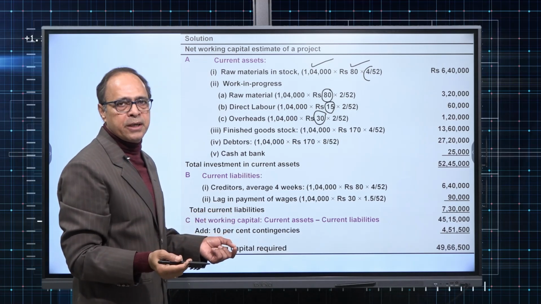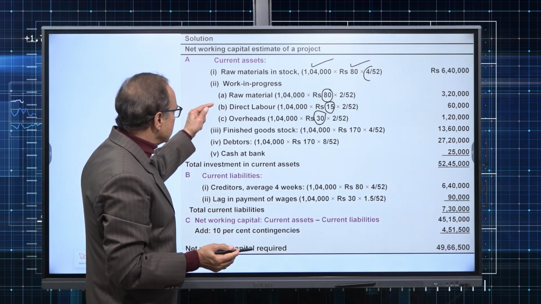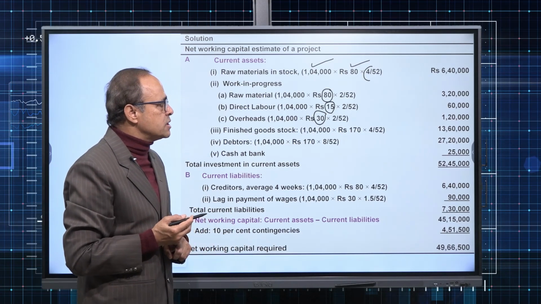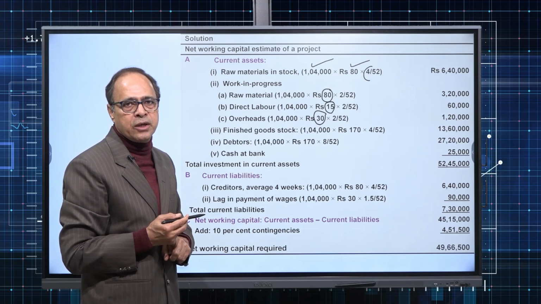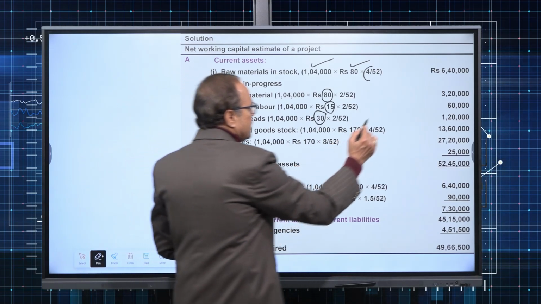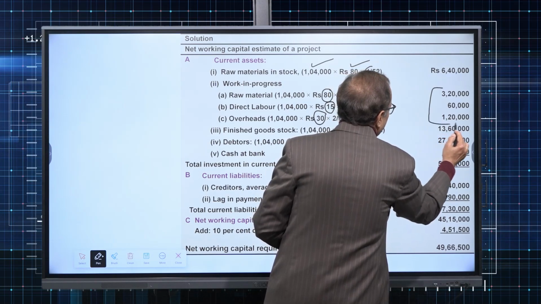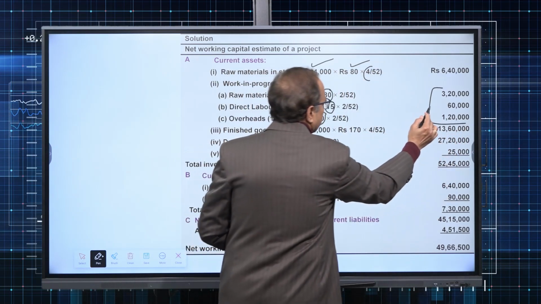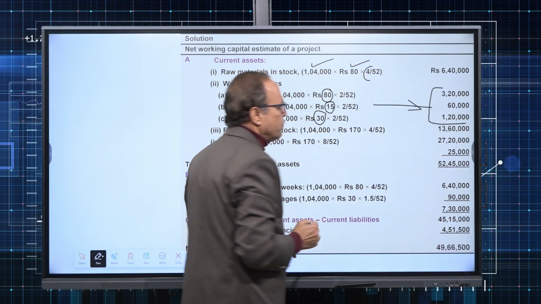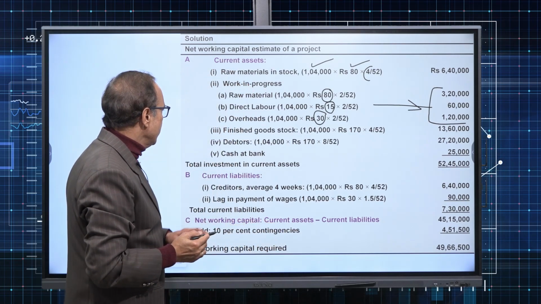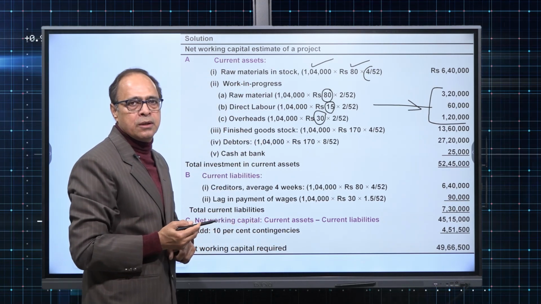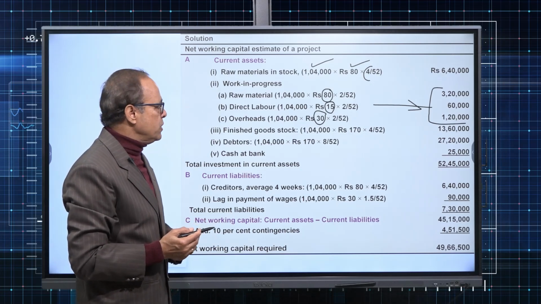Now only holding period will be there. So in this case for each component we have estimated how much our money will be blocked in each component of WIP. So these three things put together become inventory of working capital or cost of WIP inventory. Then finished goods stock. Production is 1,04,000 units.